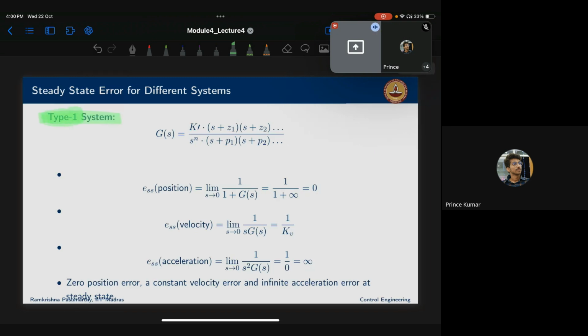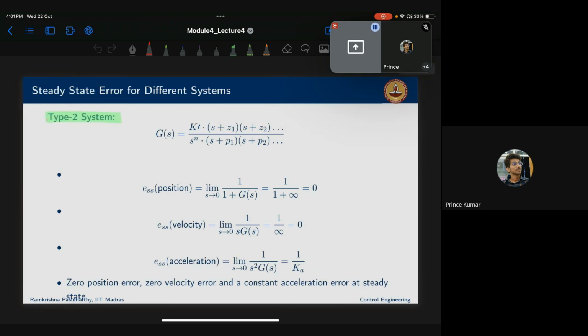Next, type 1. Type 1 means n is equal to 1. In that case this will become 0, and you will have only this, and this will become infinity. So here we will have only a constant velocity error, with zero position error and infinite acceleration error at steady state.